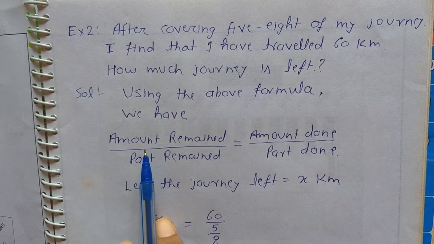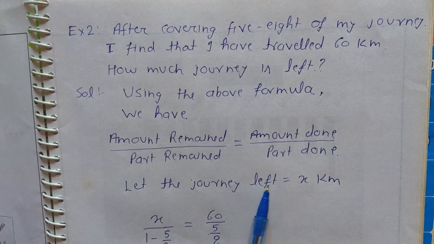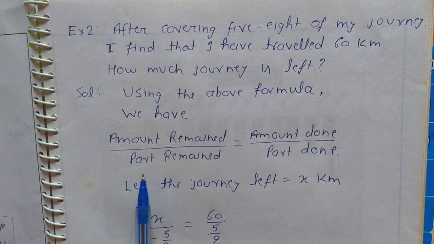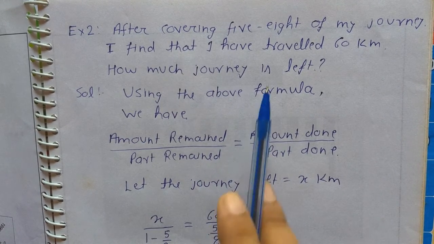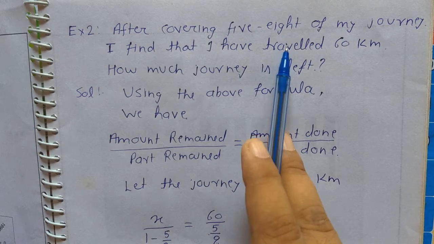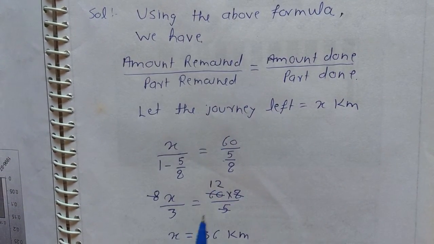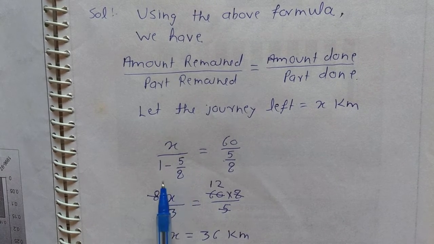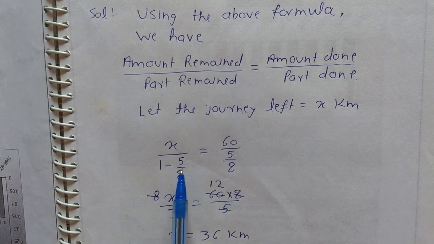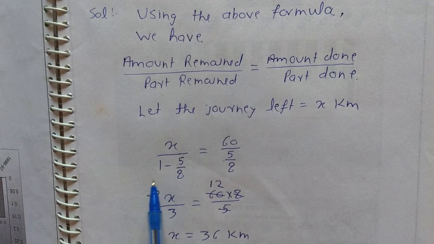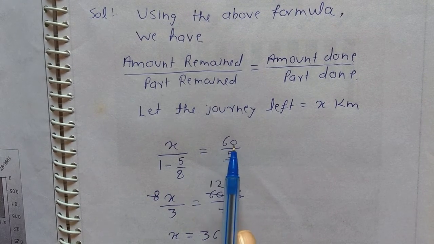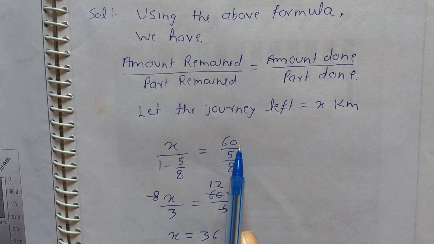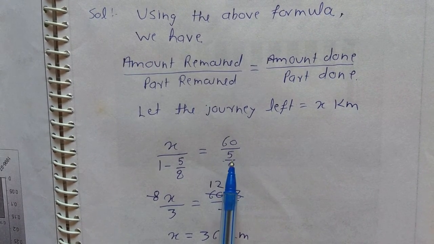Let's consider that the journey left is x kilometer. So this is nothing but your amount remained, and part remained is nothing but 1 minus 5 by 8. So we will put all these values. X divided by 1 minus 5 by 8, this is the part remaining of the journey, equals 60 kilometer, the part of the journey which we have already covered, amount done, divided by part done, 5 divided by 8.